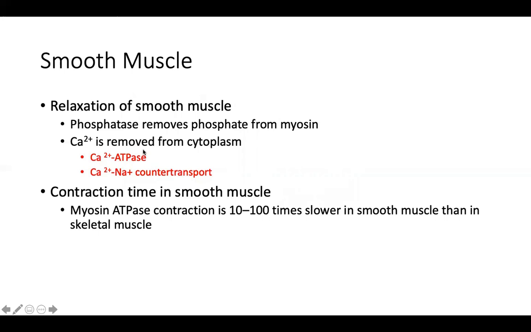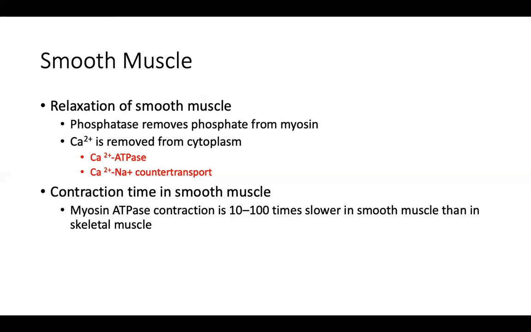But because we have a second source of calcium, coming from outside of the cell, we can also exchange sodium coming in for calcium going out of the cell. So we can have counter transport, where we use the energy that sodium liberates as it comes into the cell, secondary active transport, to move calcium back outside into the extracellular environment.